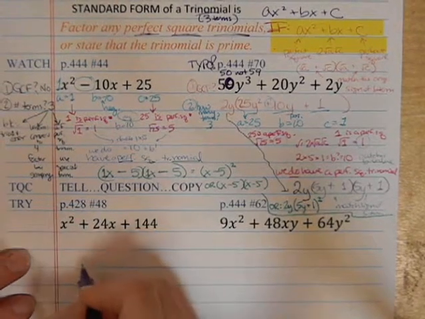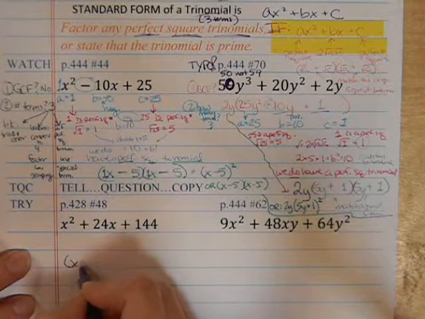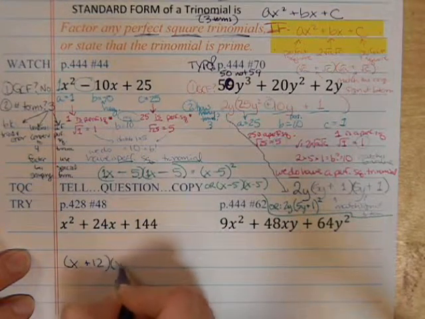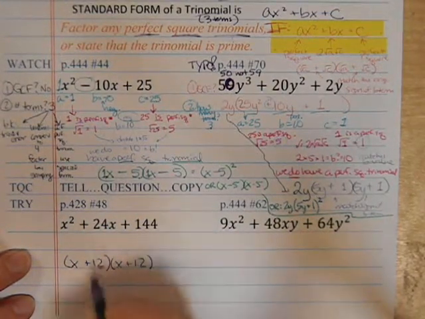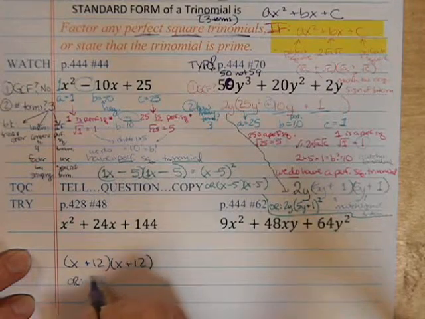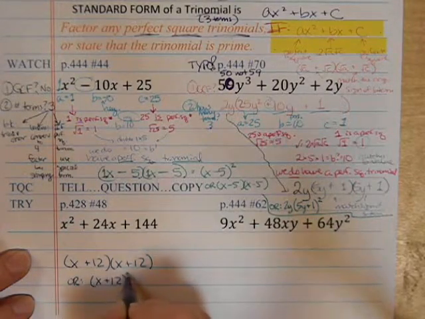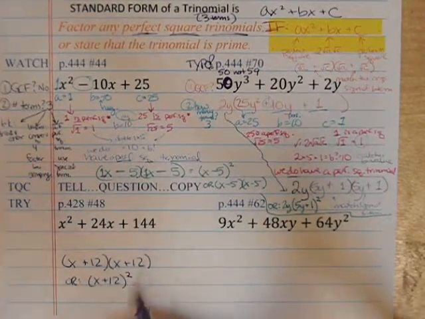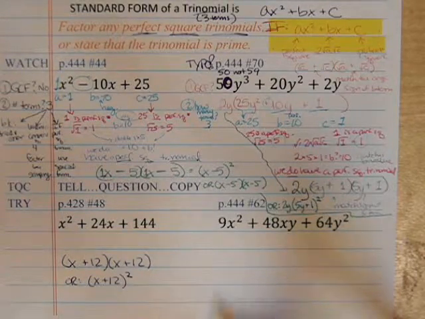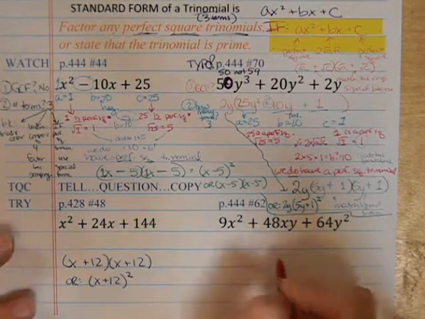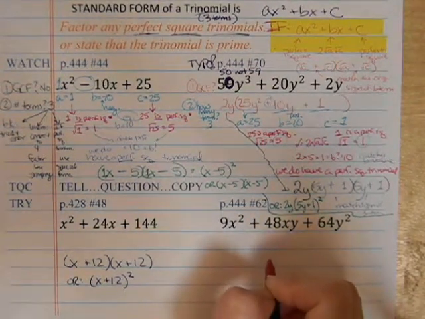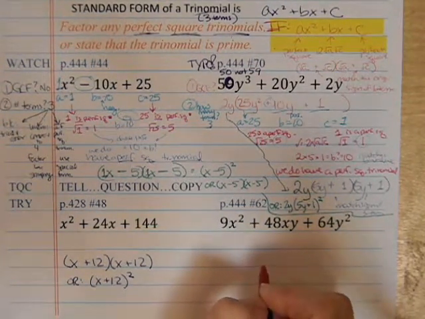So for 48, the answer that you should have gotten would be x plus 12 times x plus 12. It is a perfect square trinomial, or you could write that as x plus 12 quantity squared. Those mean the same thing, and that's still factored form. For number 62, again, if you would like to pause it, now would be a good time so you can try this on your own.